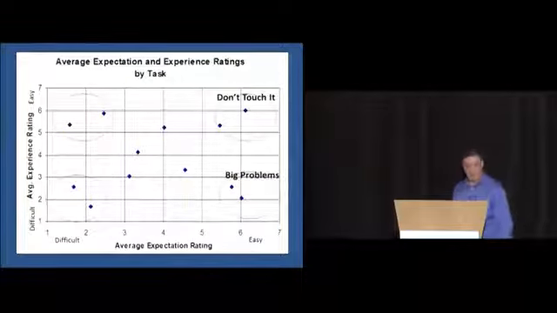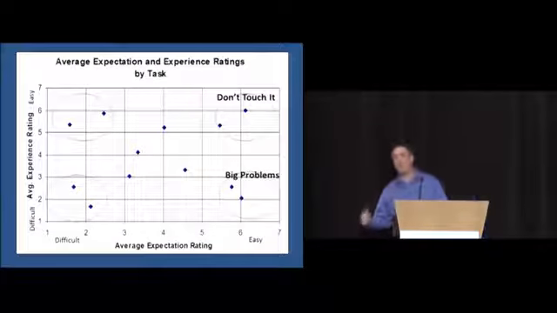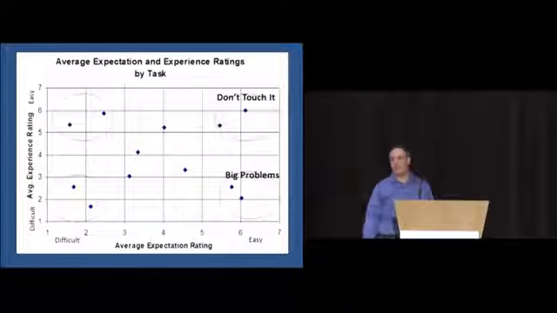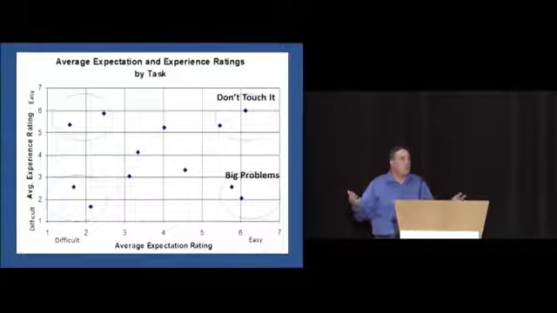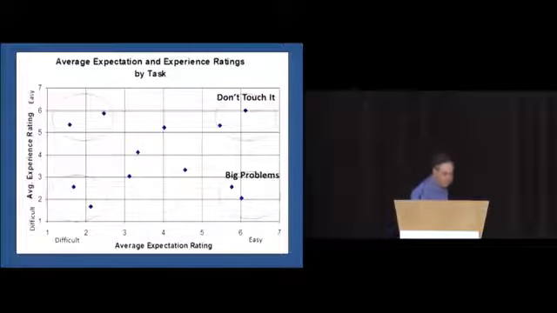If people expect things to be easy, but they're difficult, those are your biggest problems. Those are going to be the biggest drivers in lowering your overall satisfaction scores. People hate that. Oh my God, all I wanted to do is find the price of this stock and I can't find it. That should be easy, right?